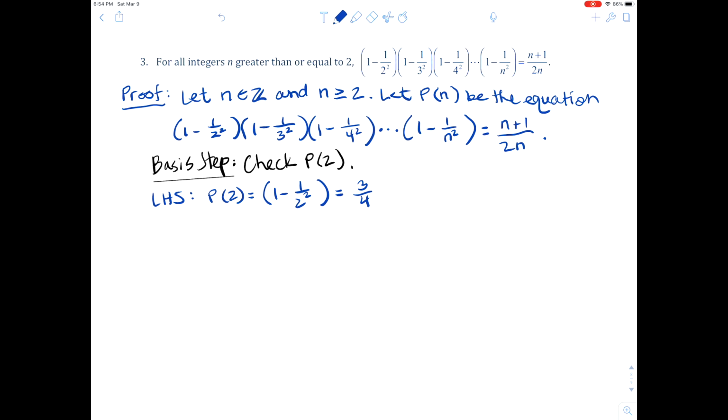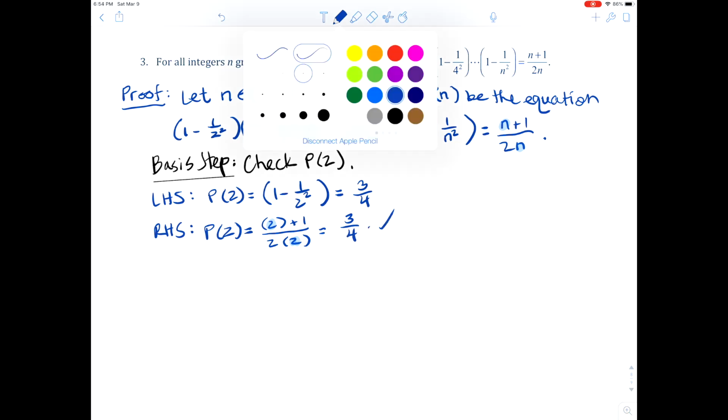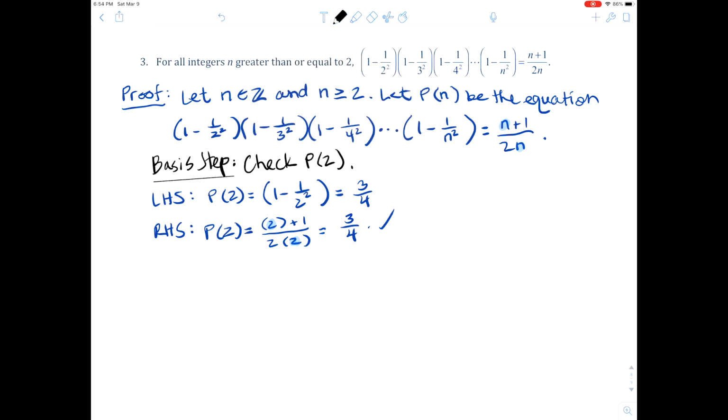Cool so far? All right, the right-hand side is P(2) equals (2 plus 1) over (2 times 2). So we're using the right-hand side, and that is equal to, perfect, 3/4. So our basis step checks out, which means, woohoo, we can go on to our inductive step.